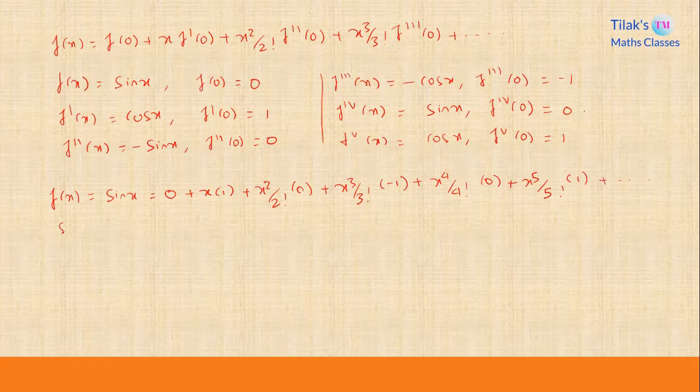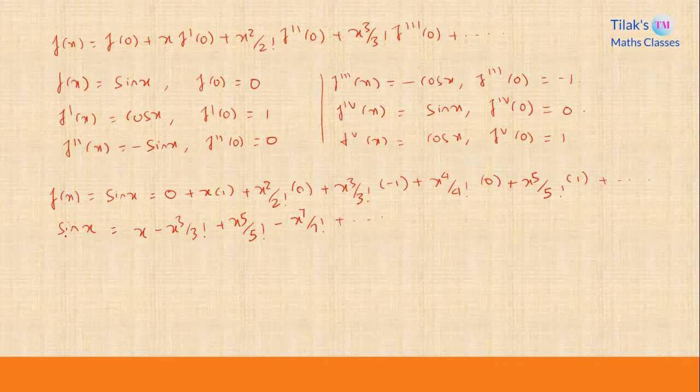So that is sin x is equal to x minus x cubed by 3 factorial plus x power 5 by 5 factorial. If you calculate the next few terms, then you would observe that the next term would be x power 7 by 7 factorial and so on.